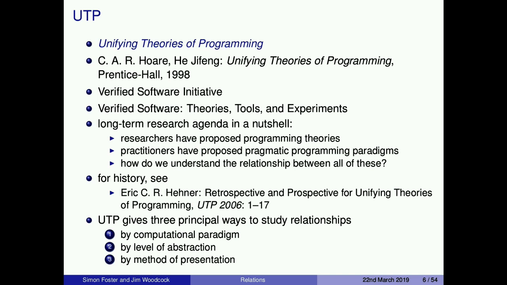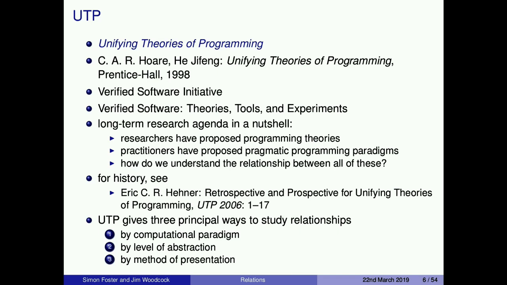So Rick Hehner, who some of you might have heard of, formerly a professor in Canada, wrote a very good paper called Retrospective and Prospective Unifying Theories, which gives the history of how UTP came about. UTP gives three principal ways to study different languages. First of all, by computational paradigms, which we've already mentioned. Secondly, by level of abstraction. Different languages have different abstractions, right?